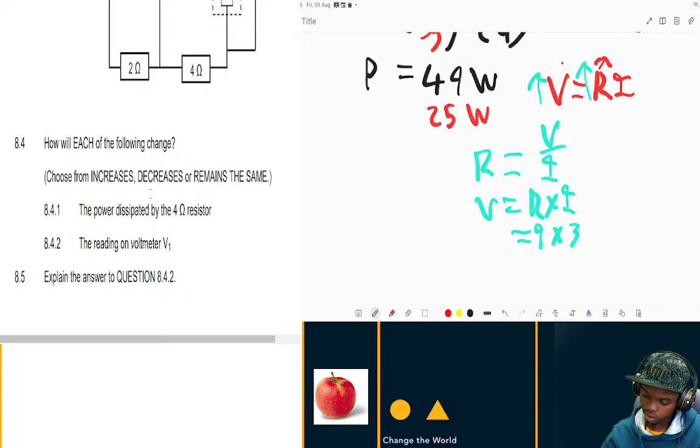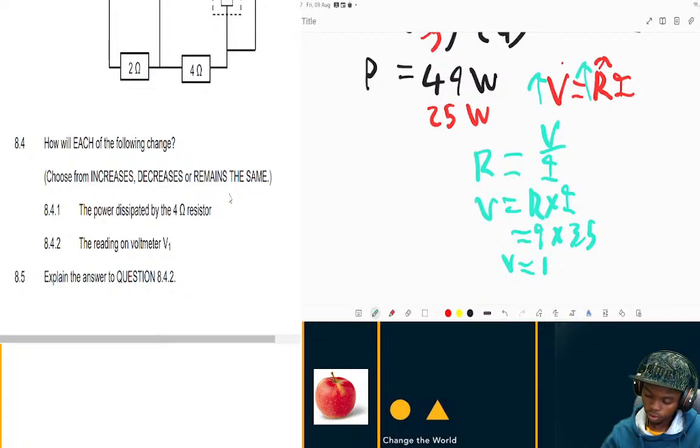And let's take our 3,5. So that will be 9 times 3,5. Ooh, look at that.